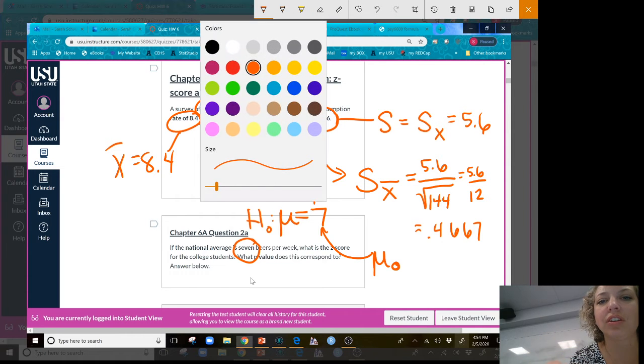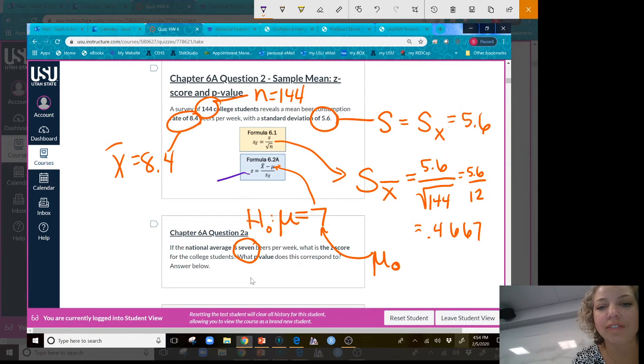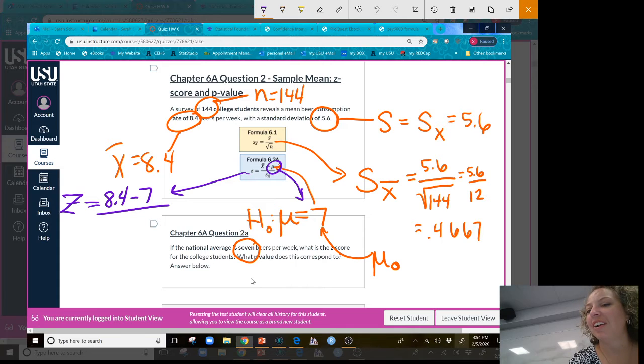So if we're going to do the z-score, it's going to be x bar minus the hypothesized average over the standard error. Yeah, and that comes out to be 2.9997.